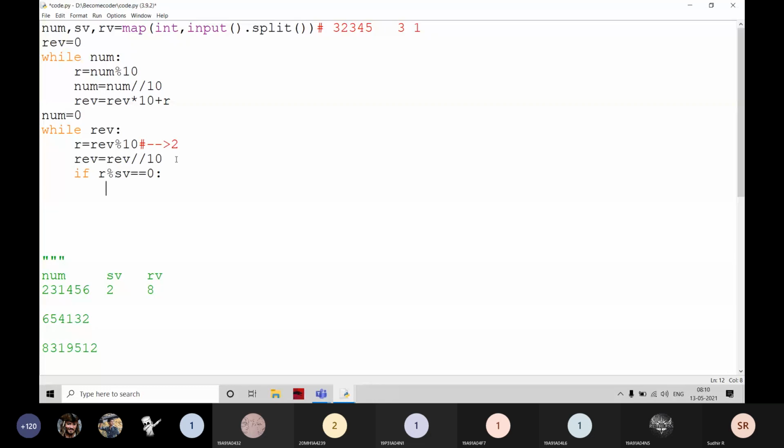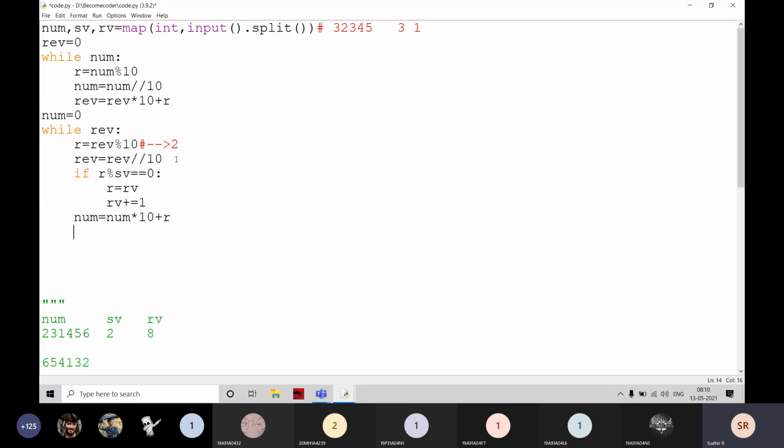If it is divisible, then r is equal to rv, then rv plus is equal to 1. Then for the next value, rv is going to be incremented. For simplicity, I'm going to write here: num is equal to num into 10 plus r. That's it, nothing else, I think.